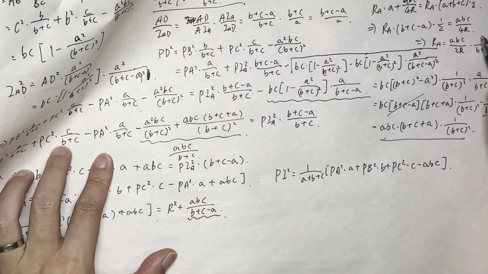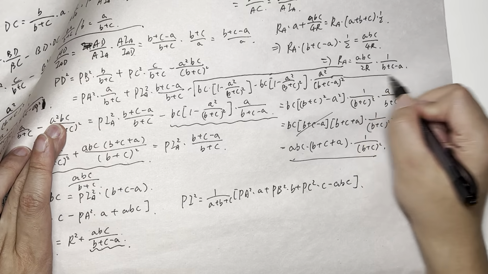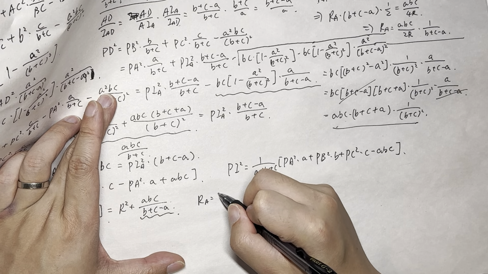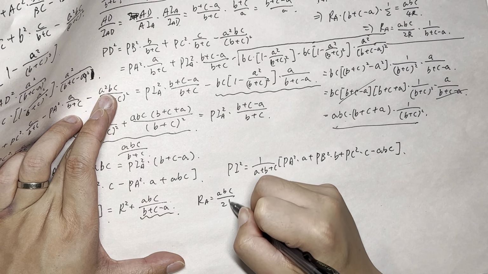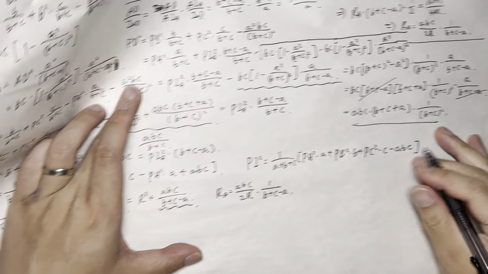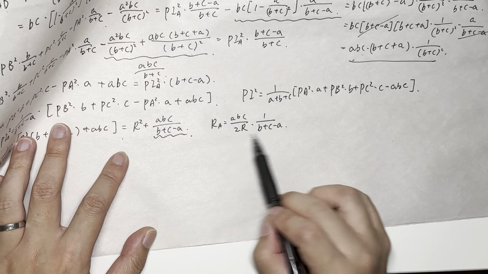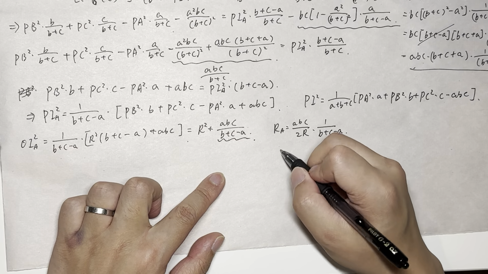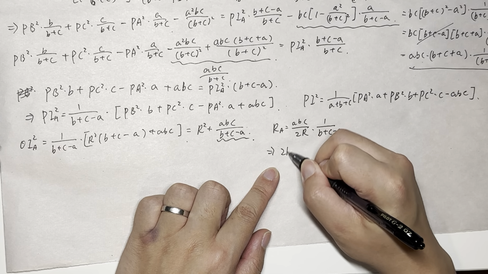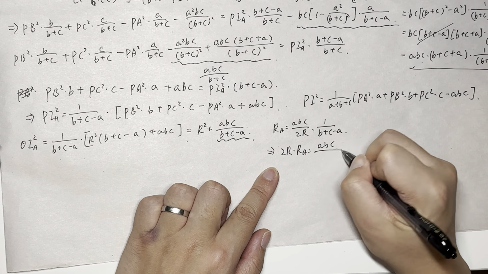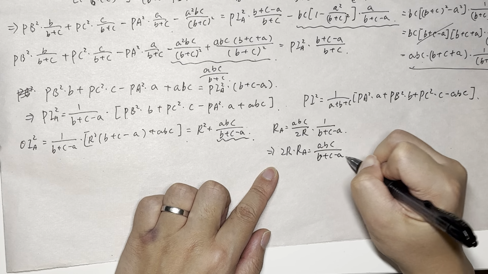So let's put this here again. RA equals 2abc over 2R times 1 over b plus c minus a. That is RA, right? So, which means 2R times RA equals 2abc over b plus c minus a.